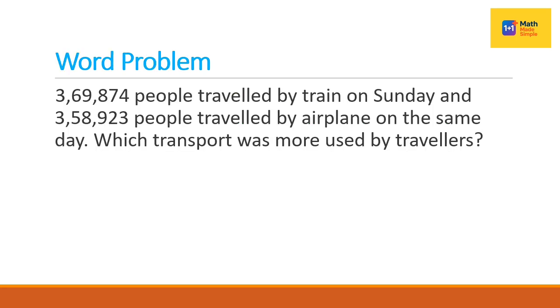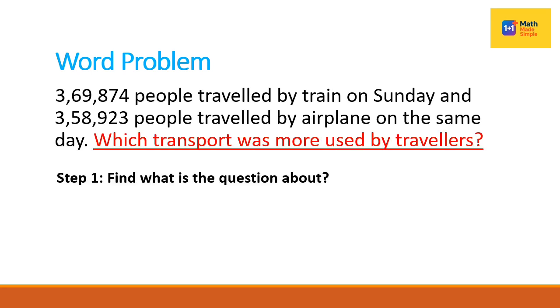Now we'll solve one word problem. 3,69,874 people travel by train on Sunday, and 3,58,923 people travel by airplane on the same day. Which transport was more used by travelers?